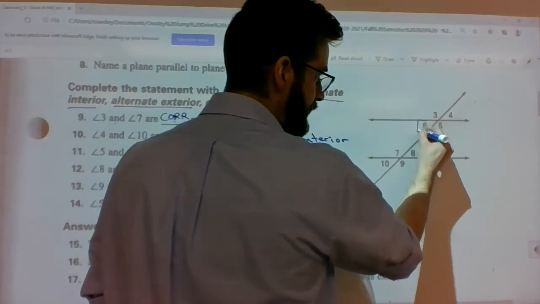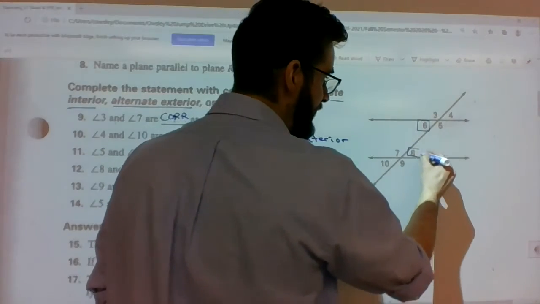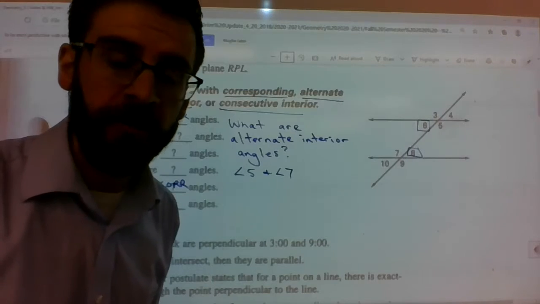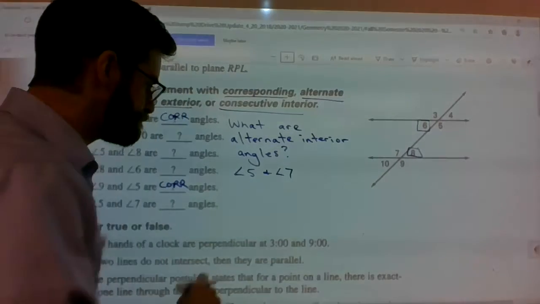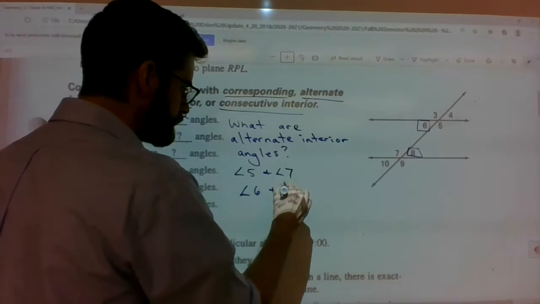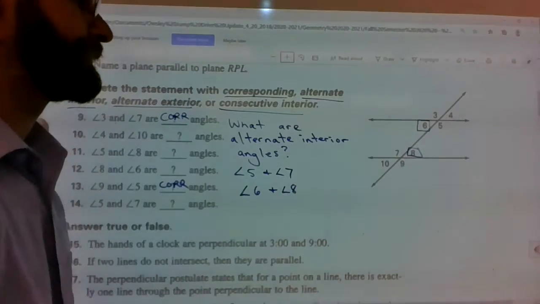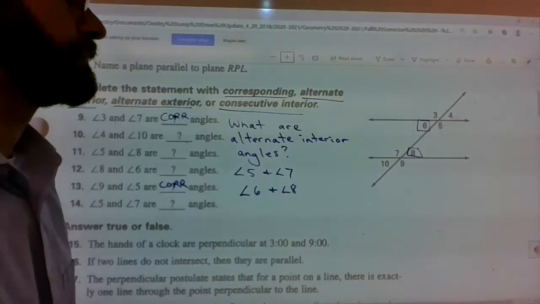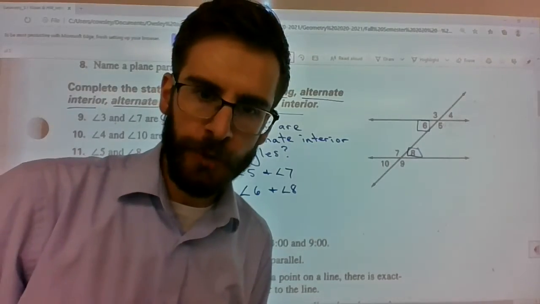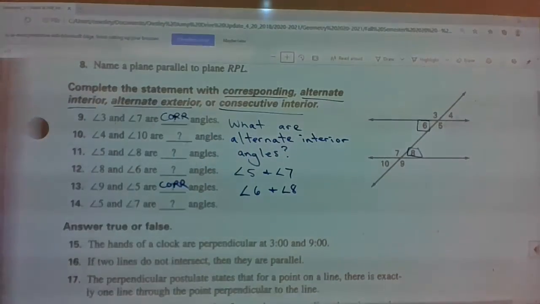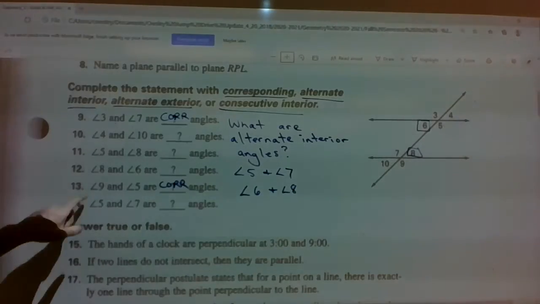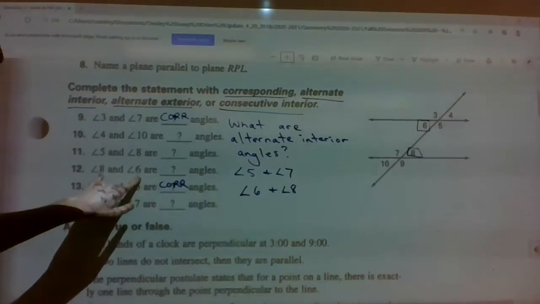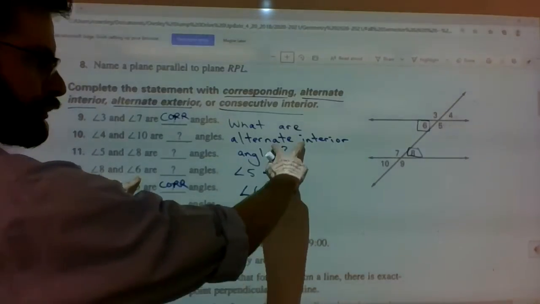Angle 6 then and angle 8 would be a pair of alternate interior angles as well. There's only two pairs. So when we look up here, 6 and 8, right there, would be considered alternate interior angles.